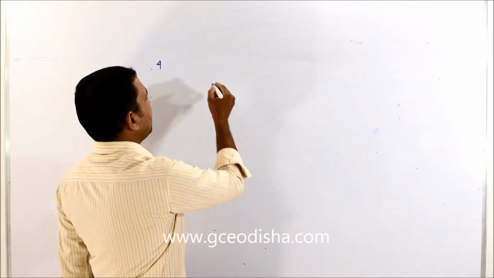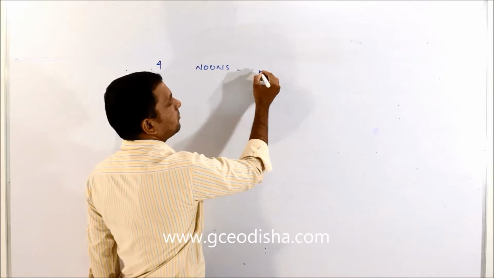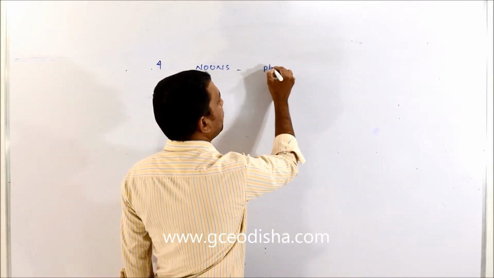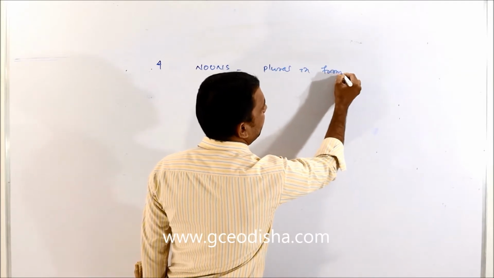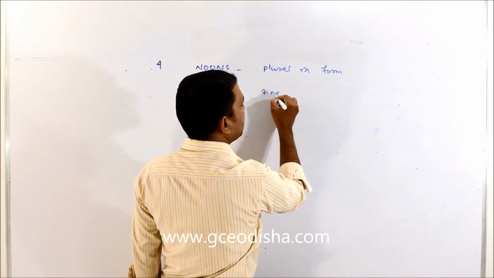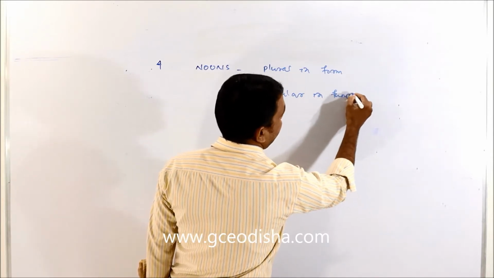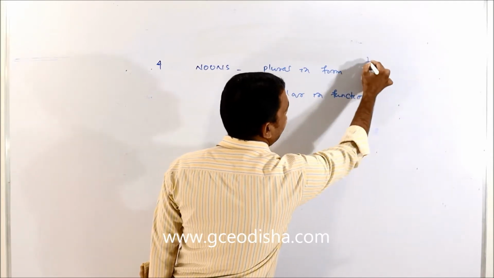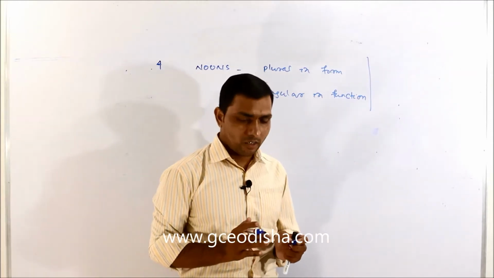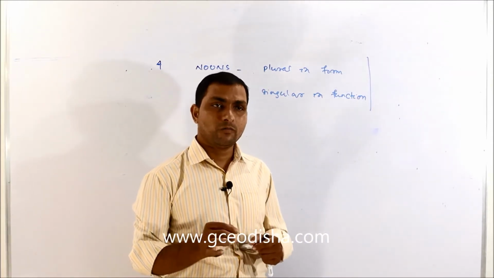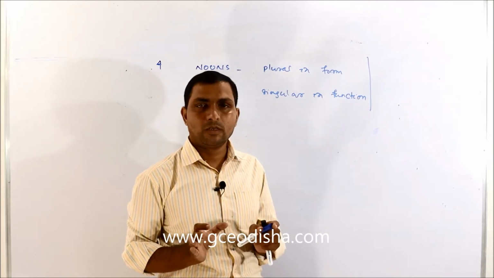But here we are to discuss some nouns that are plural in form but singular in function. It means we are talking about a singular noun, but somehow with an added s or es they create confusion.